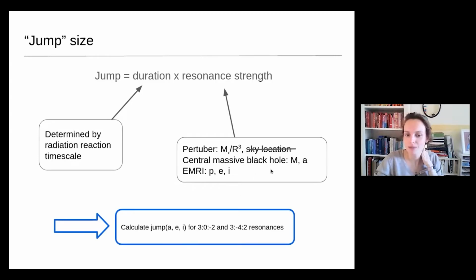The nice thing is, I should also tell you how it depends on m and this ratio m over r cubed, but as it turns out, those completely scale out of the problem. So they will be an overall factor. And of course, when I'm on resonance, I also don't need to worry about p, because when I am on a given resonance, that's an additional constraint. So if I know these parameters, I also will know the value of the semi-latus rectum.